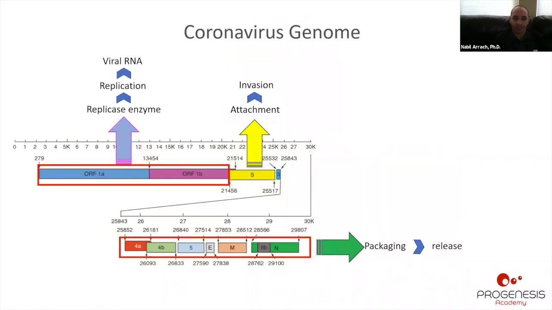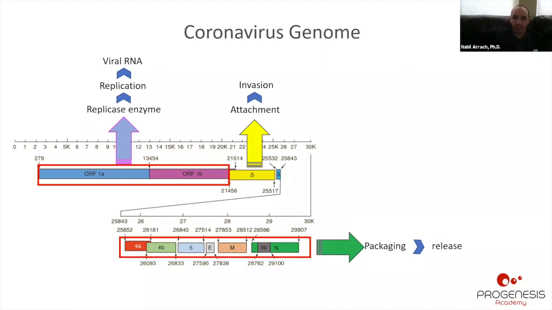As a little bit of a summary of what we have said before, the virus has an open reading frame, 1A and 1B, and that is the first open reading frame that gets translated first, and that plays a role as a replicase enzyme and does play a role in the replication of the RNA and the translation of that RNA into peptides.